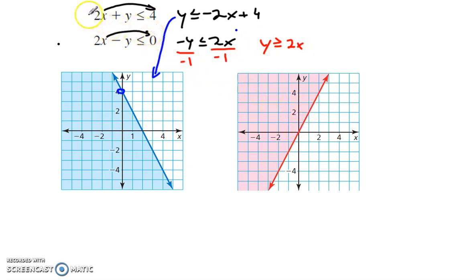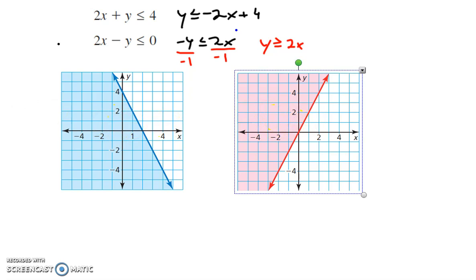Now, if I have two inequalities, we can consider that a system of inequalities. A solution to the system of inequalities is an ordered pair that is true for both of these, so something that's true in this one and in this one. The way that we can check that is we graph both of them on the same graph.